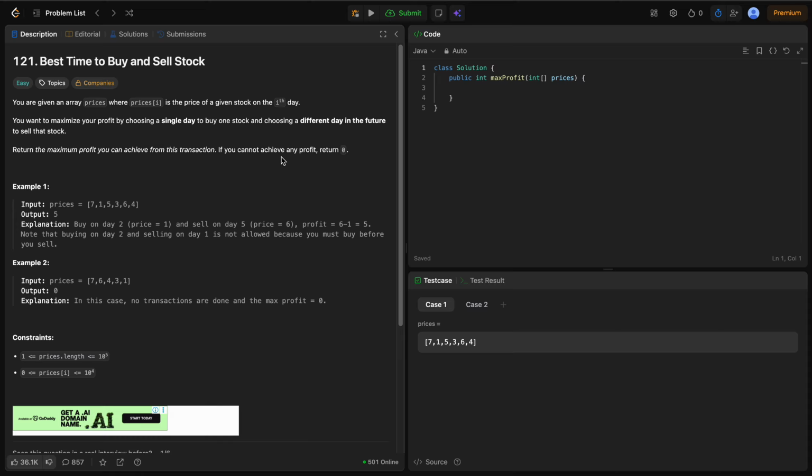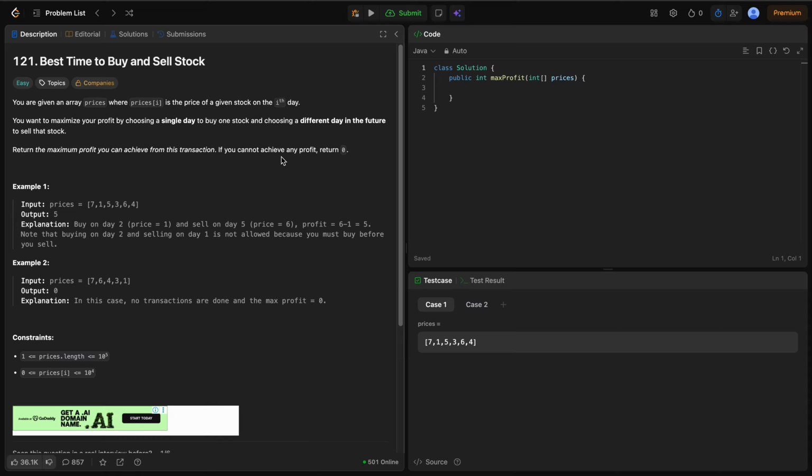Now let's go and see how we can solve this particular problem. So what's the question? It's Best Time to Buy and Sell Stocks, right? This is the question that we need to focus on. So let's say they have given us some prices, 7, 1, 5, 4, 2, 3, something.